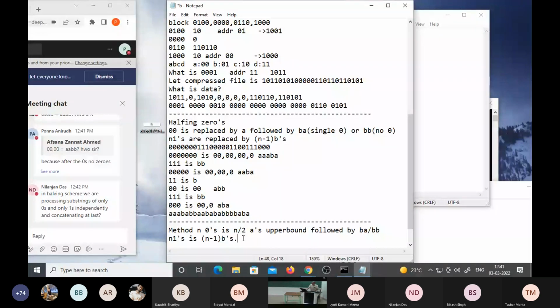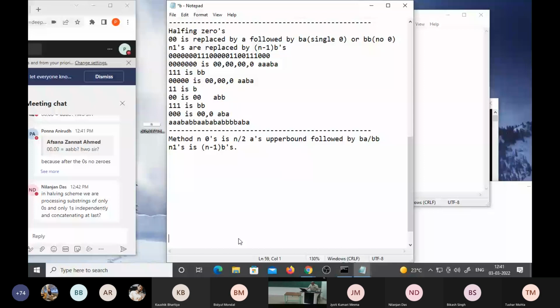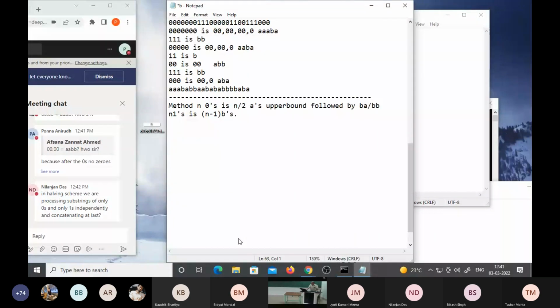Let us see this scheme. In this scheme, N zeros are replaced by n by 2 upper bound, followed by BA or BB. Is it correct?